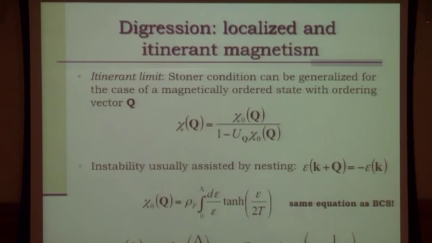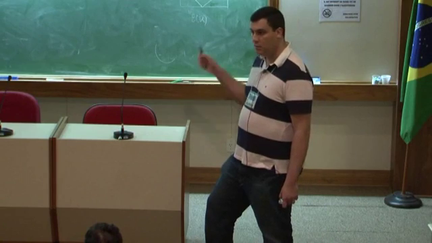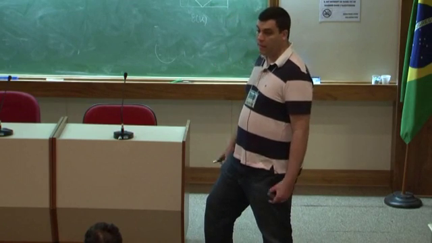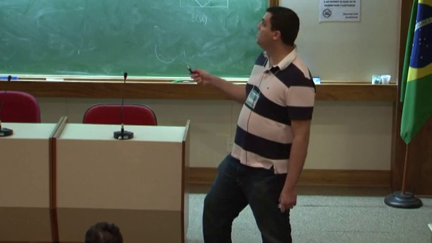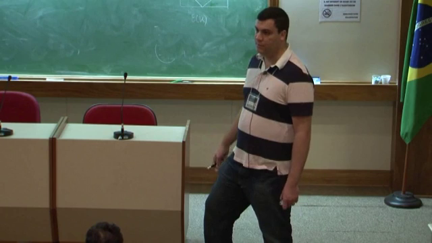So in the case when you have nested bands, the non-interacting susceptibility will diverge at T equals 0. If you include a small interaction, it diverges at finite temperature. And this is just another way of finding itinerant magnetism in itinerant systems.